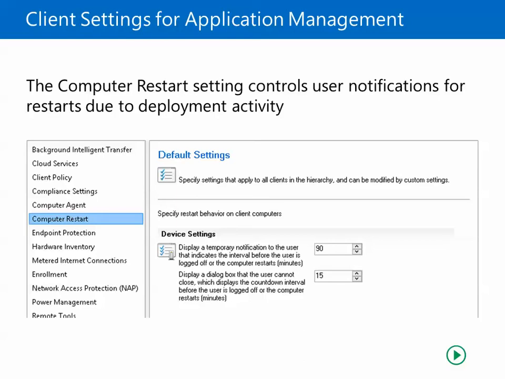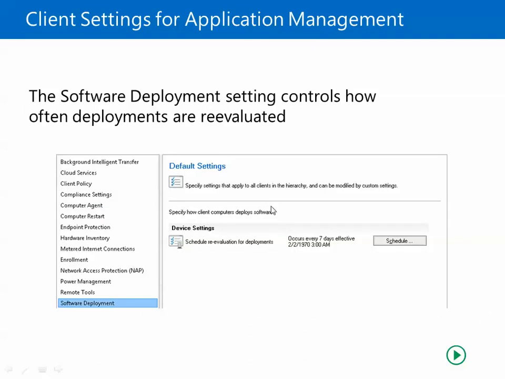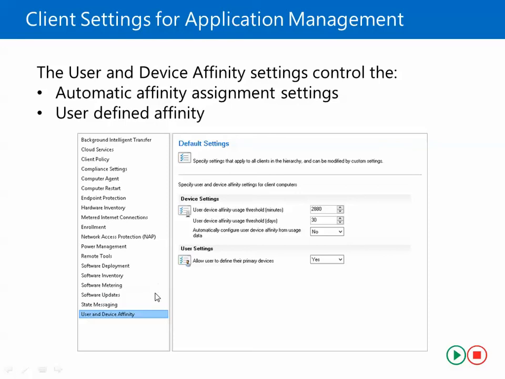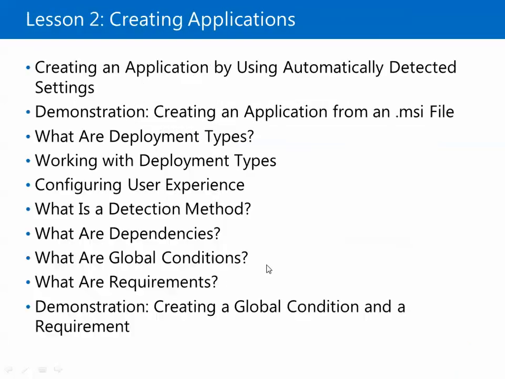You can set how many minutes. Clear? Then software deployment schedule, we have already discussed this, and here you will get your device affinity settings. Allow users to define their primary devices, which is their primary device.